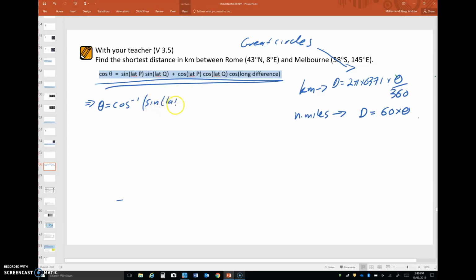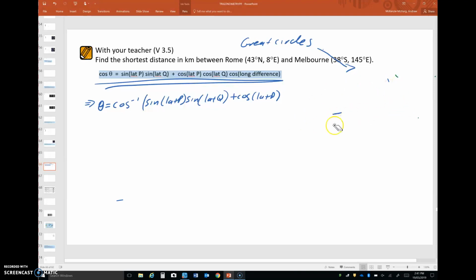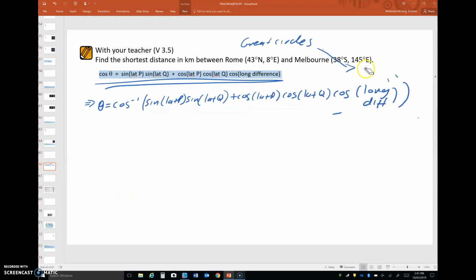So we can go straight to this form of the equation, and have the inverse cosine of all that stuff that is on the other side. So that's the form I'll be using in this example. It's going straight to theta equals the inverse cosine of everything, not cosine theta equals.